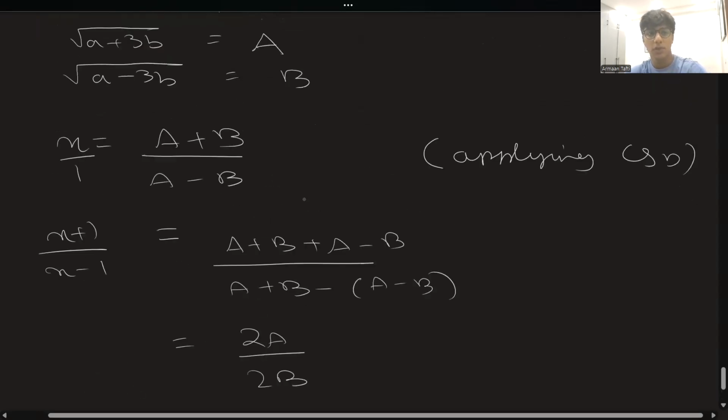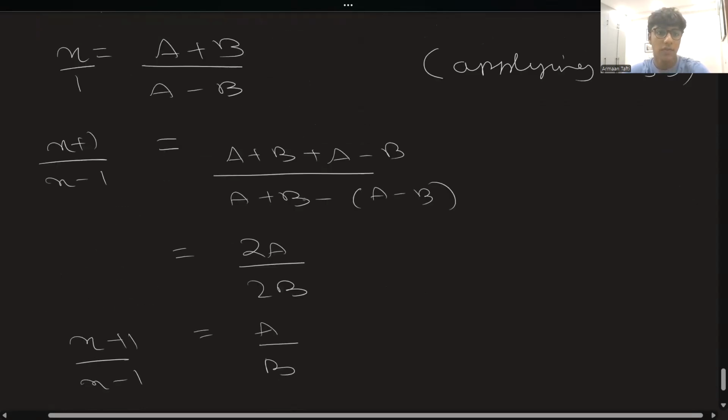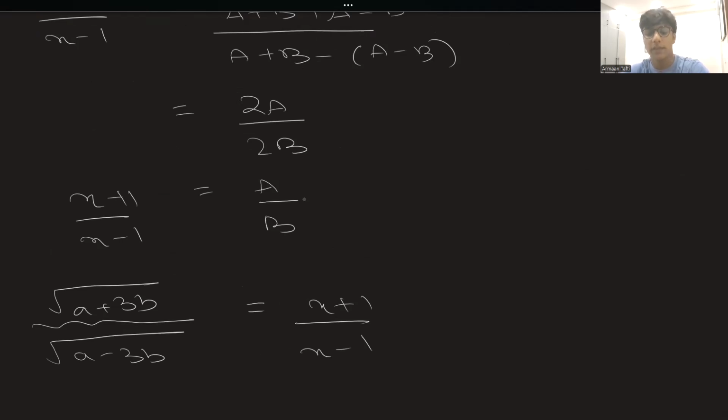Now a is equal to what? Root of a plus 3b. So let's write that. Root of a plus 3b divided by root of a minus 3b is equal to x plus 1 by x minus 1.